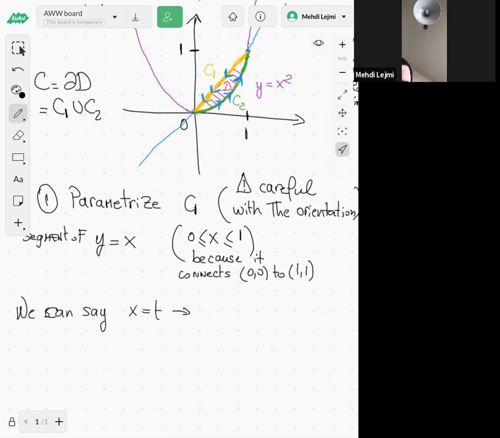Then y, which is equal to x, would be equal to t. So gamma of t equals t, t. And because x is between 0 and 1, t is also between 0 and 1.